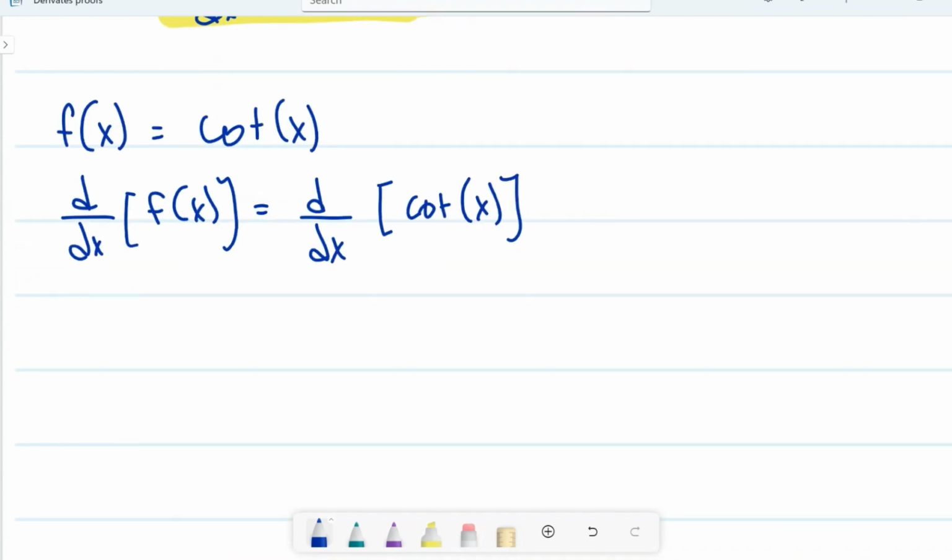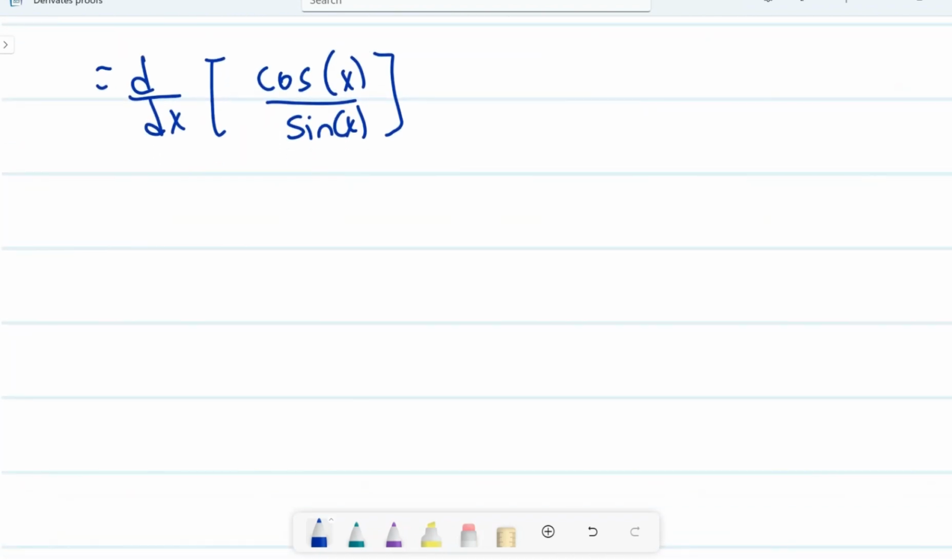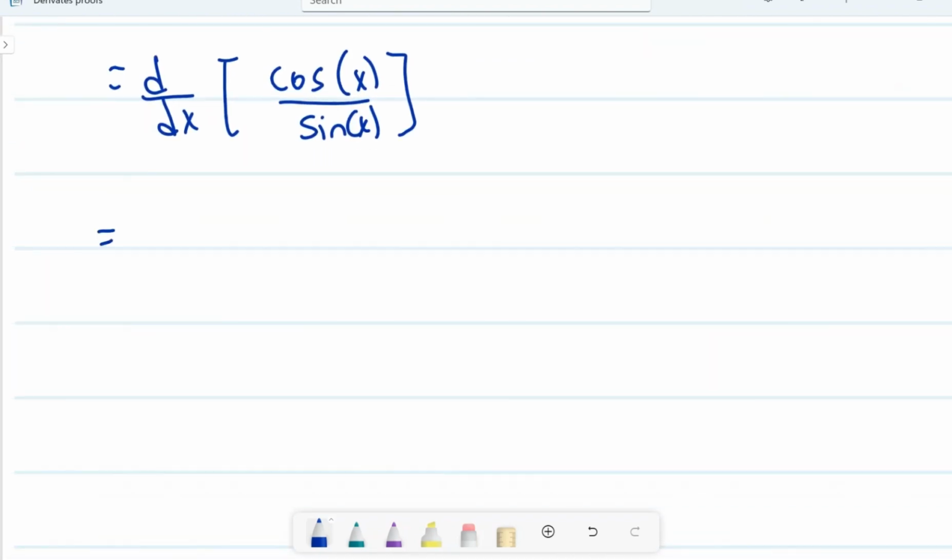And as you might know, we can write cotangent of x as cos of x divided by sine of x. And here we have a quotient, so we can use the quotient rule.